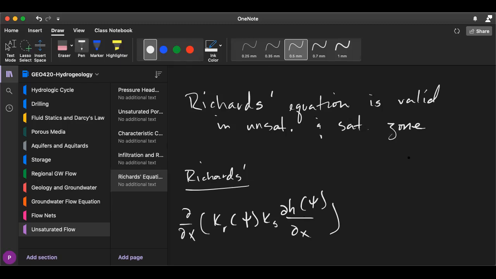And then the saturated zone spatial derivative would be this: d dx ks dh, which is still a function of psi, dx.